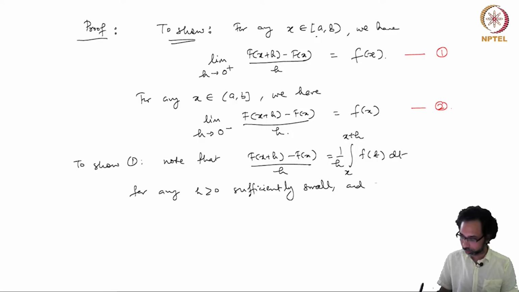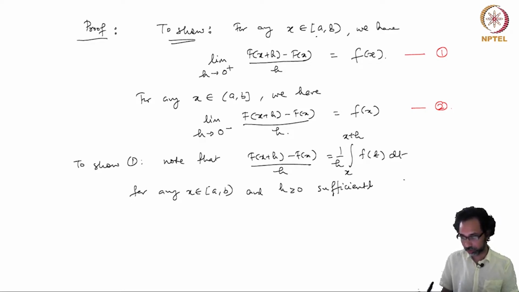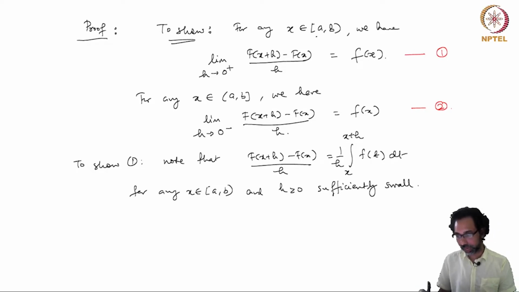So rather I should first write for any x in [a, b), and h positive sufficiently small, because the magnitude of h will depend on x, because we need to have this integral defined for values of x between a and b.